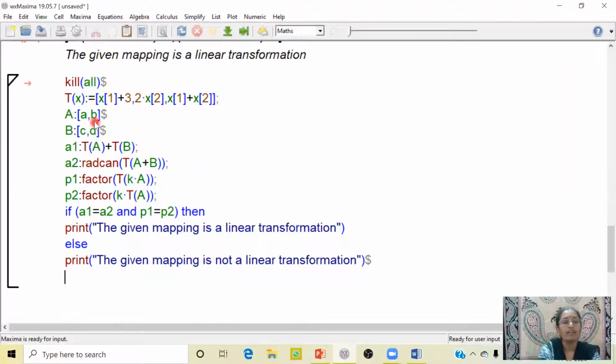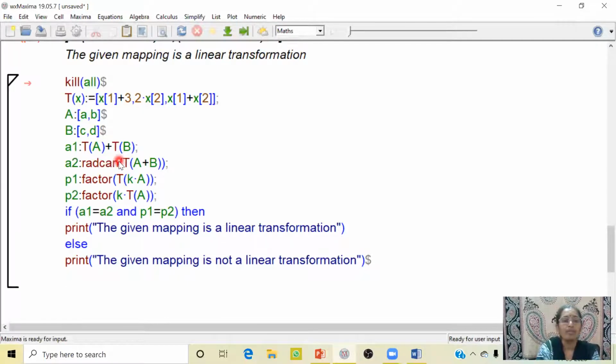And here we have taken the transformation T, wherein we have put x1 plus 3, 2 times x2, comma x1 plus x2. And we have taken two ordered pairs, denoted by A and B. So A1 is taken as T of A plus T of B, and A2 is T of A plus B. P1 is T of K into A. P2 is K into T of A.